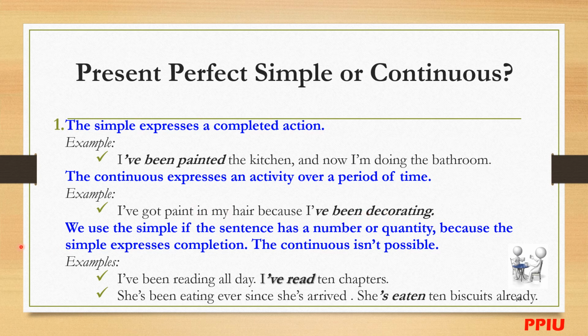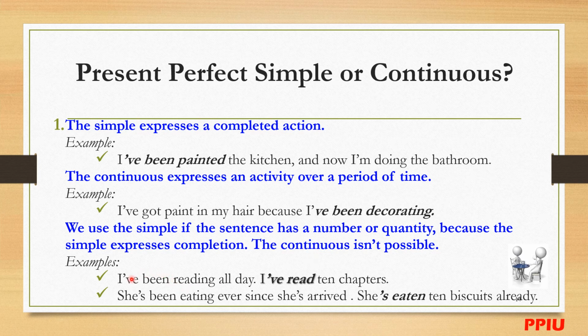All right. Okay, we use the simple if the sentence has a number or quantity, because the simple expresses completion. The continuous isn't possible. I mean, present perfect simple expresses completion, but present perfect continuous isn't possible here, right?